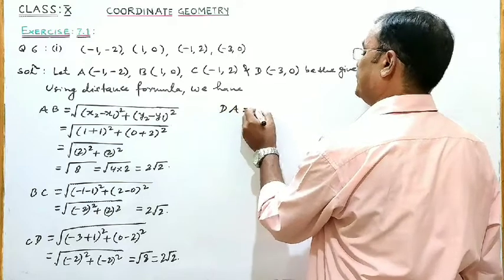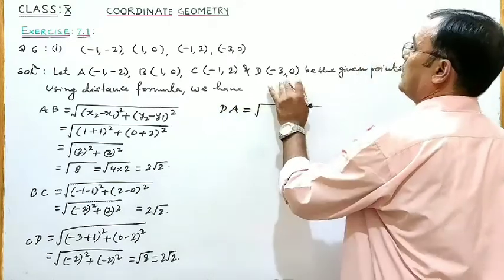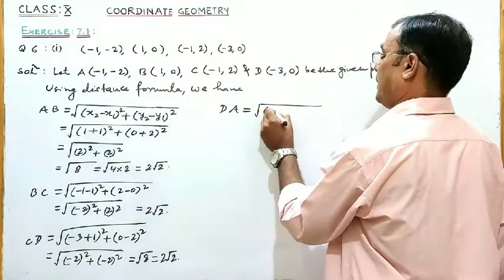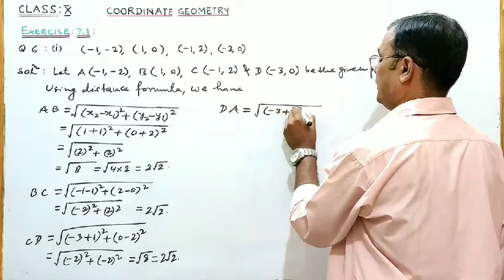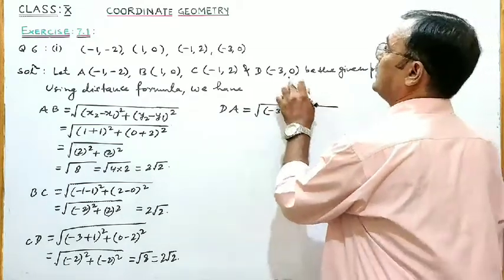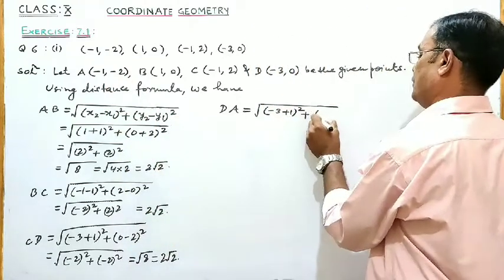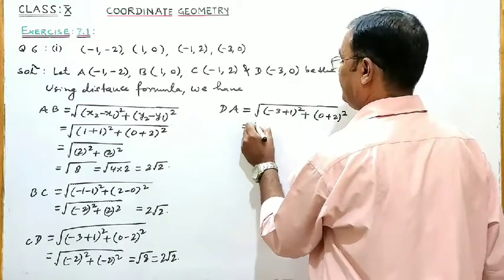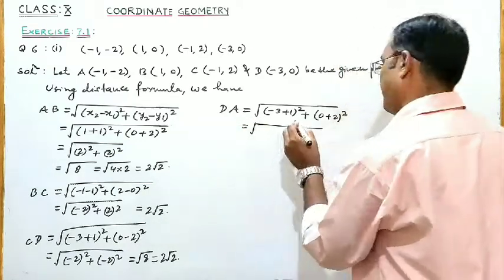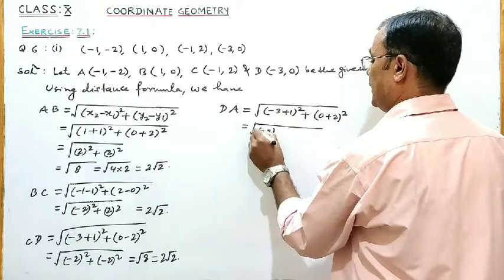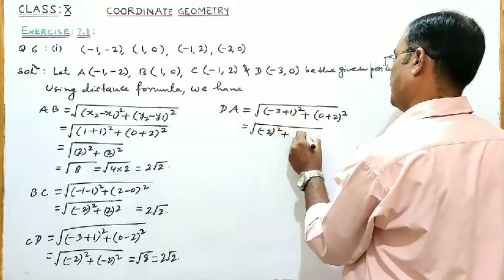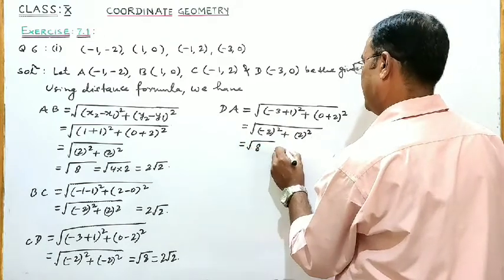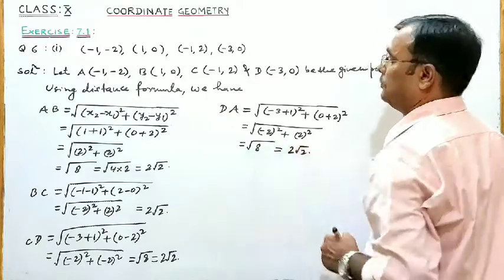Now DA, fourth side, minus 3 minus minus 1, plus 1 whole square, 0 plus 2 whole square, under root minus 2 square plus 2 square equal to 8, 2 root 2.